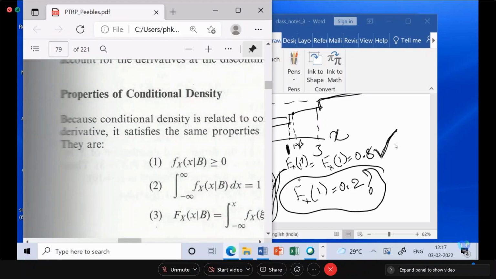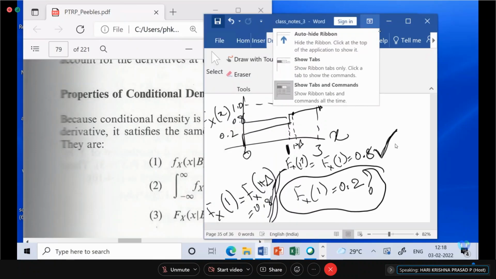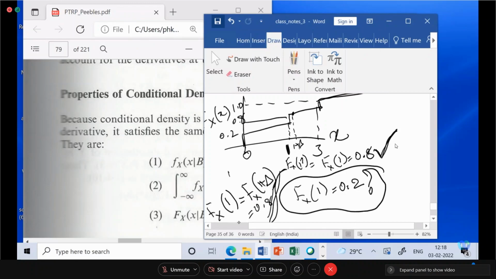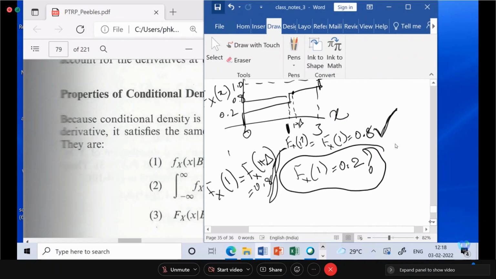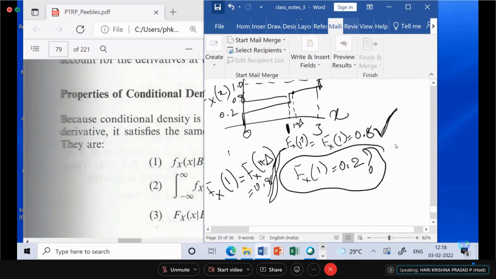If there are no questions, let me refer to the distribution function values, density function.